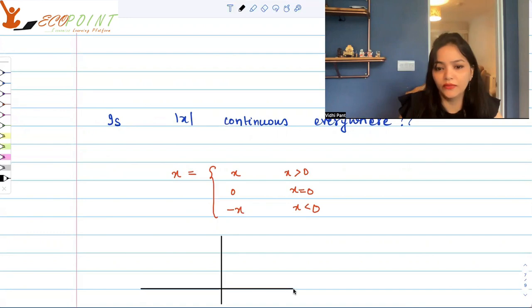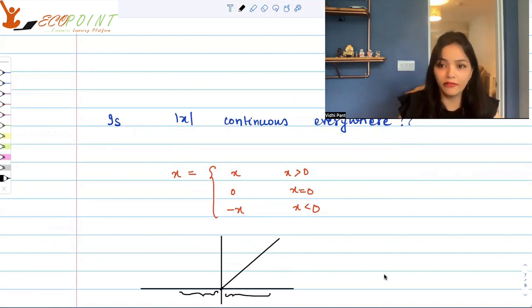When you graph it, at 0, you are here. When x is positive, that is, x is somewhere here, your y is equal to x. So the line y equals x goes like this. When x is negative, that is, it's here, what will happen? Your y is equal to minus x.